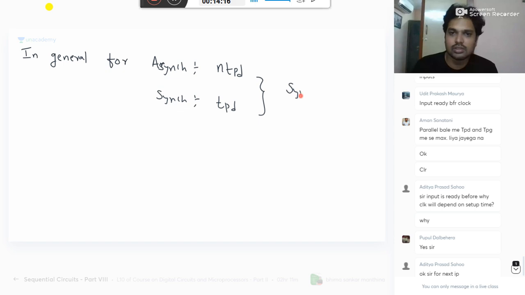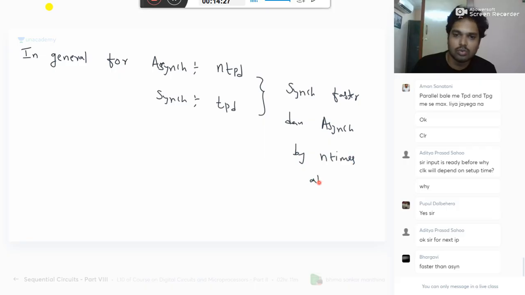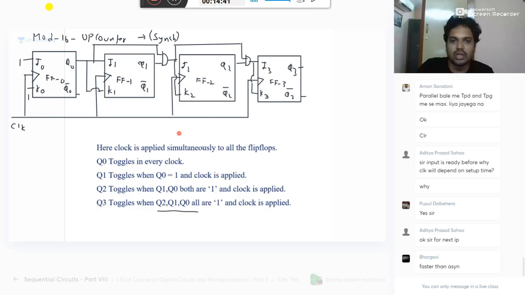So synchronous is faster than asynchronous by N times, almost, approximately, because it is not originally TPD. Some extra points are there, setup and all. Okay, so you are able to prove that it is faster and has no transient state. So that's why we prefer synchronous in the design.